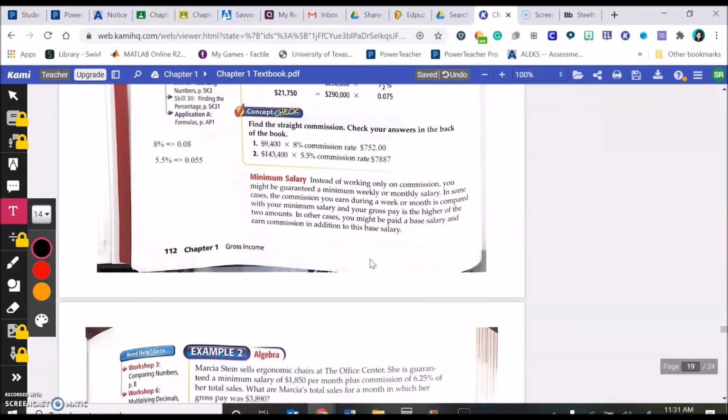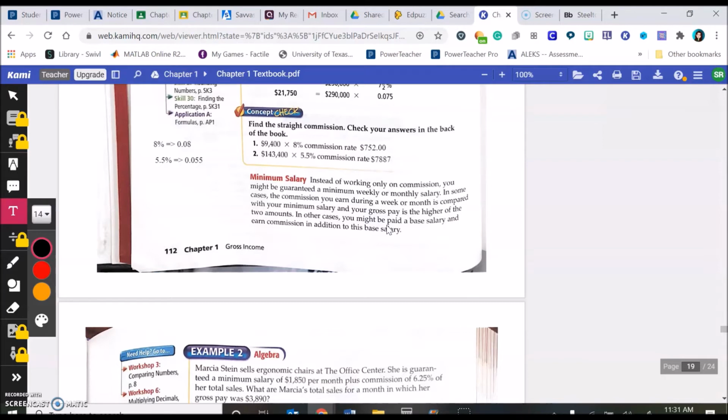Sometimes you get a minimum salary and then you have a commission rate. For example, my husband works at a car dealership. He makes a minimum salary just in case he doesn't sell cars. So instead of working on only commission, you might be guaranteed a minimum weekly, monthly, bi-weekly or bi-monthly salary.